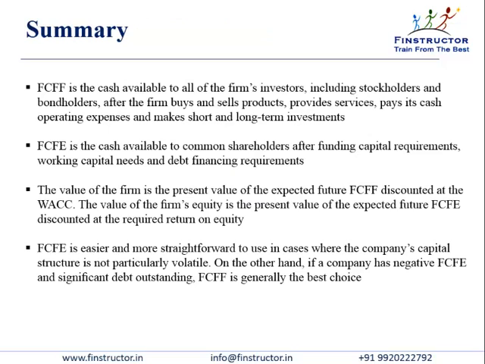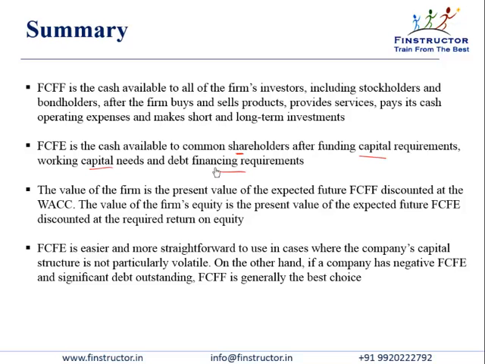So just to summarize, free cash flow to firm is the cash flow available to all of the firm's investors, that is shareholders as well as bondholders, after all operating expenses and long-term investments have been made. Free cash flow to equity is the cash available to common shareholders after funding capital requirements, working capital needs, and debt financing requirements.